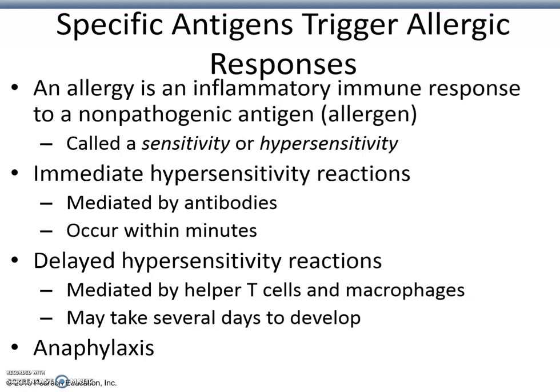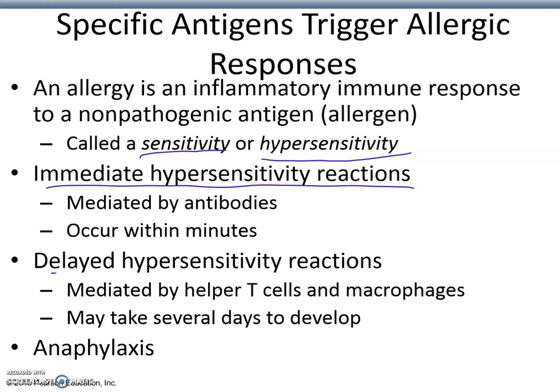So a lot of times people also call this a sensitivity to something, or even hypersensitivity to something. There are different versions of allergic responses with different severity. Immediate hypersensitivity reactions are usually mediated by antibodies, and they occur within minutes, so they're very fast.